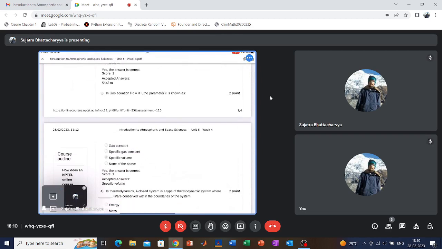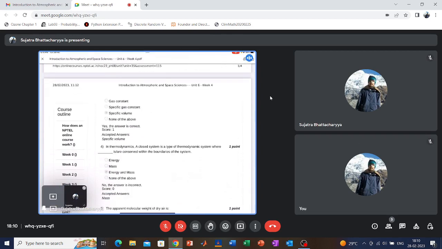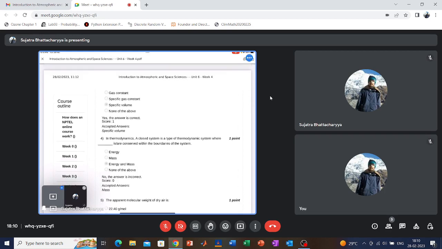Okay. The fourth question is, in thermodynamics, a closed system is a type of thermodynamic system where dash is or are conserved within the boundaries of the system. So the actual answer should be the mass. Why?